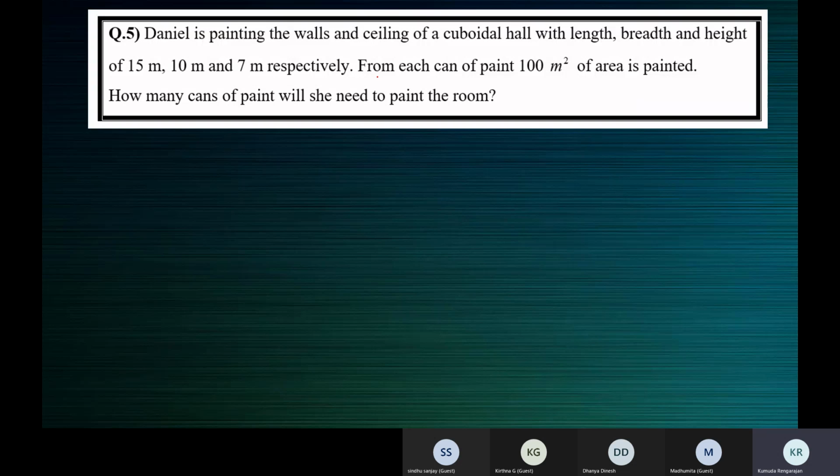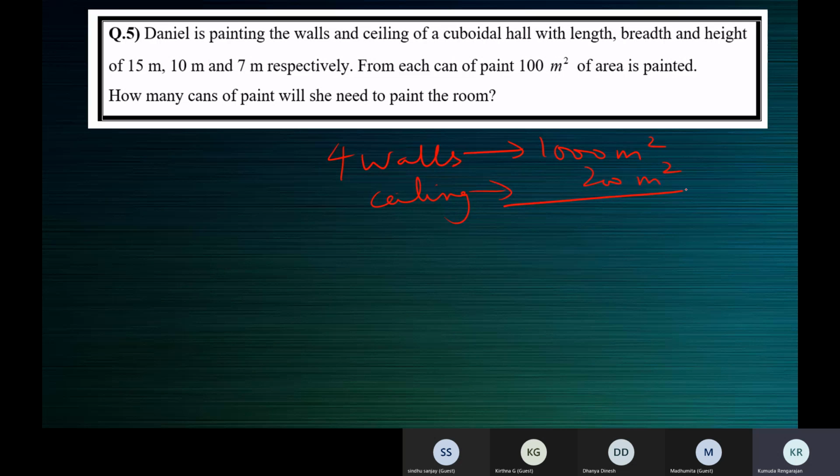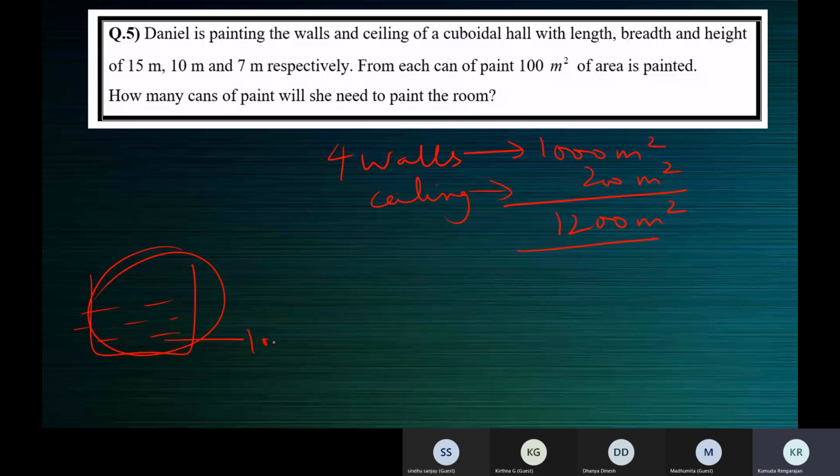All right, children. So supposing the area of 4 walls is 1000 meters square and the area of the ceiling is 200 meters square, then the total area to be painted is 1200 meters square. In the market, a can of paint has some volume of paint that's not given, but you can use it to paint 100 meters square.